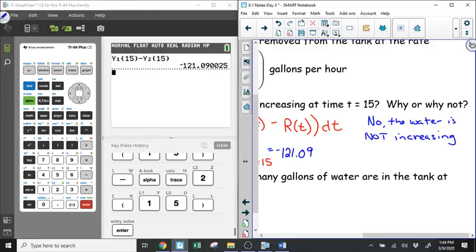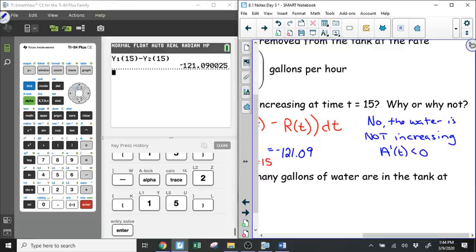I'm not going to say it's decreasing. I'm going to answer the specific question, which was, is it increasing? And then why or why not, I would cite what we just found out about our derivative, right? That the function we defined as a, so a prime of t, was less than 0. Our derivative is negative at that point. Okay, any questions on that?